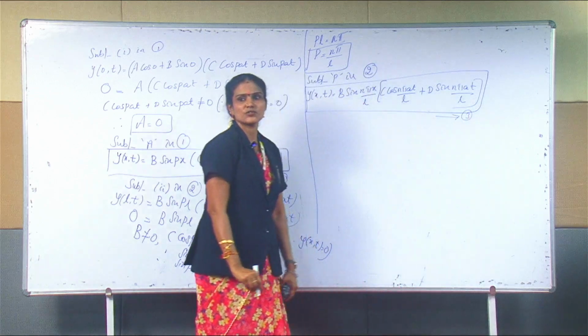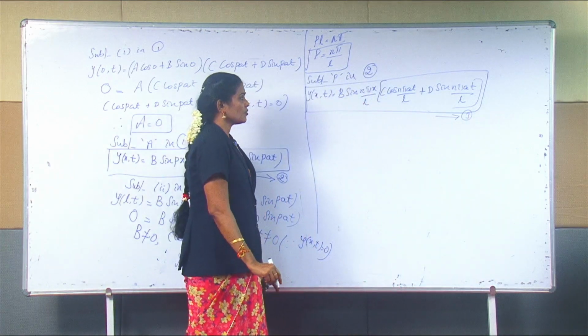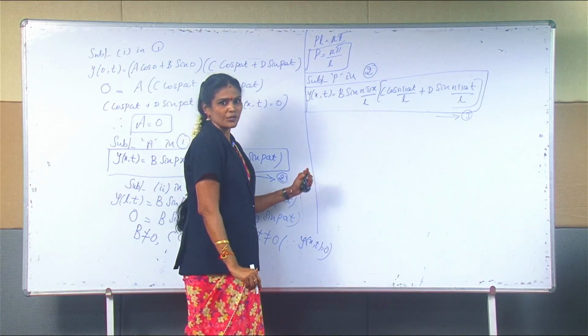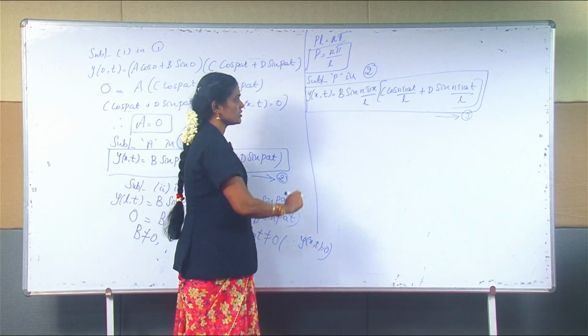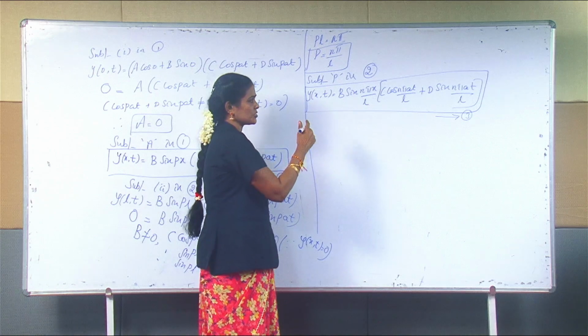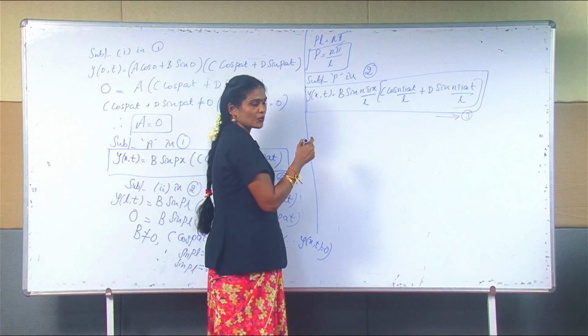Next, you have to substitute the third boundary condition. The third boundary condition is dou y by dou t, which means you have to differentiate partially with respect to t in this equation. After that only we can substitute the boundary condition.